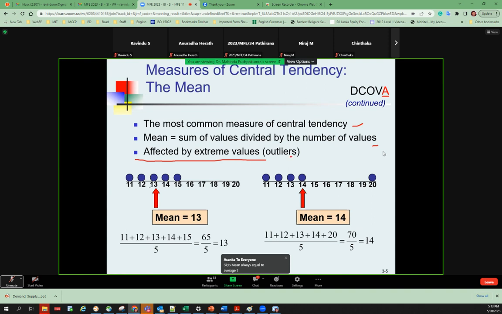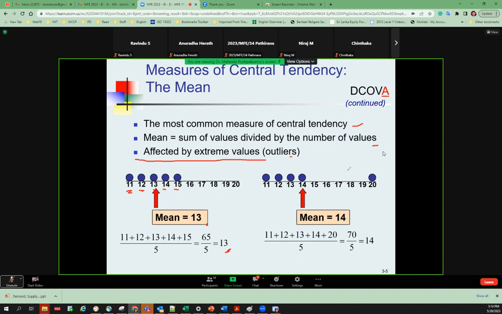Now this shows that the mean is 13. In this data set, we have one observation each of 11, 12, 13, 14 and 15.